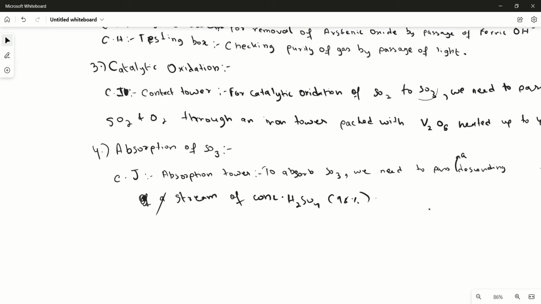Then we finally have dilution of oleum, in the final chamber K, called the dilution tank.